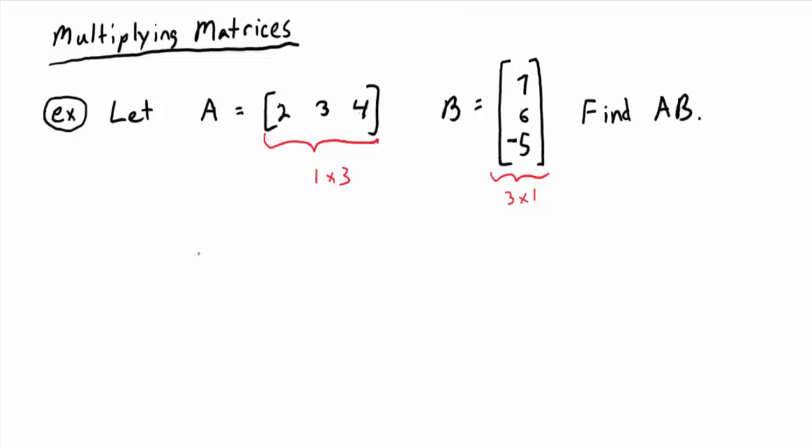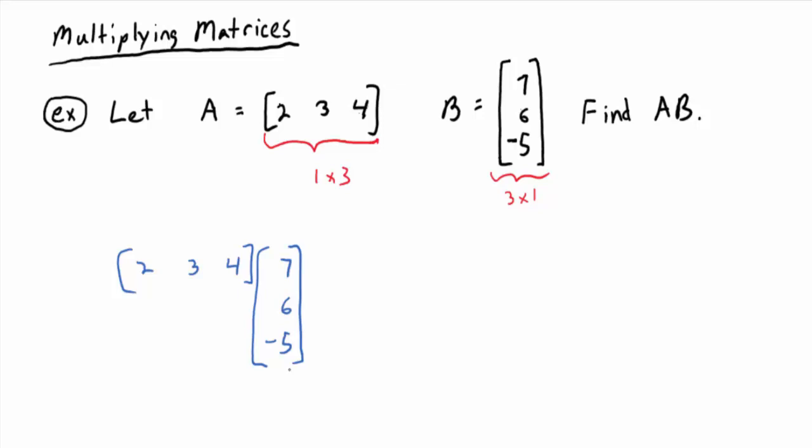Usually what we do is we write it out: 2, 3, 4, there's your matrix A, and 7, 6, negative 5. The way we define a row matrix times a column matrix is there's a kind of correspondence, even though those matrices are different orders.